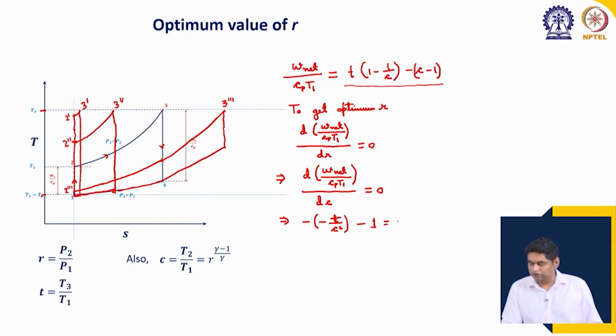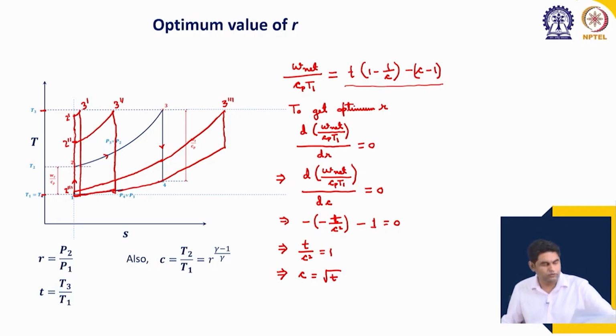So, this is equal to 0, which means that T by C square is equal to 1, which means that C is equal to root T. C is equal to root T.